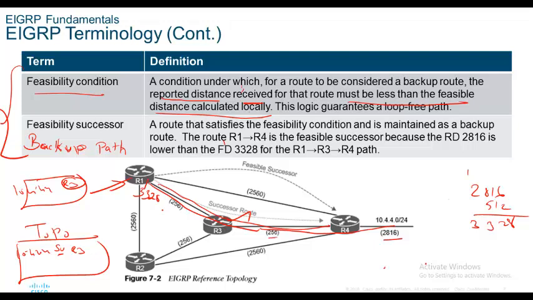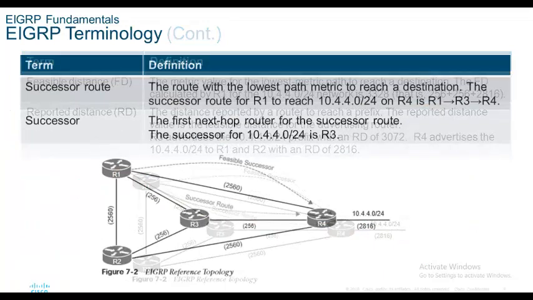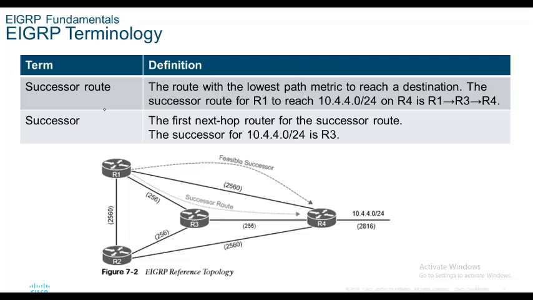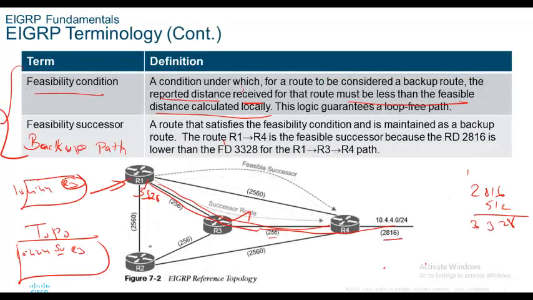That is why this is called a feasible successor. The condition is this: the reported distance should be less than the successor value, the feasible distance on the successor route. That is what I call the successor route metric or successor value.